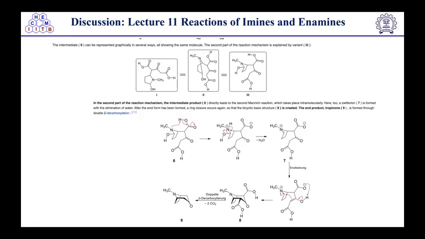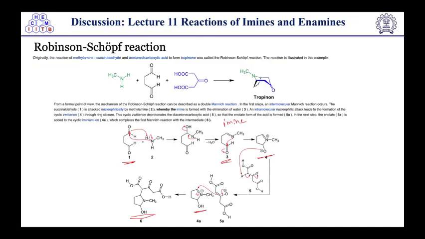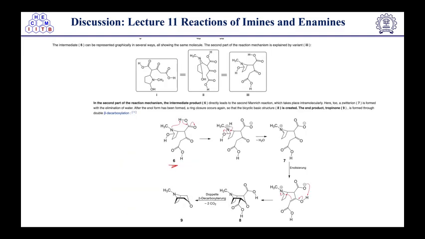Now we'll discuss the second part of the mechanism. Till here everybody understood 6, right? We got the 6 here. You can link from here, we have 6 here. So after getting the 6, what's next?